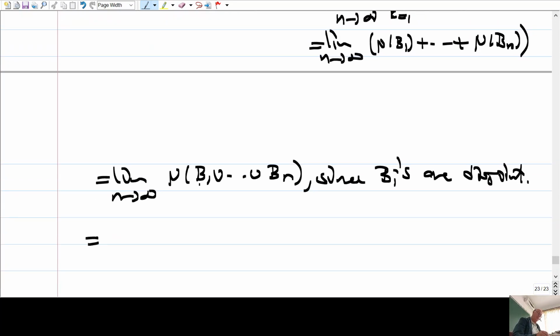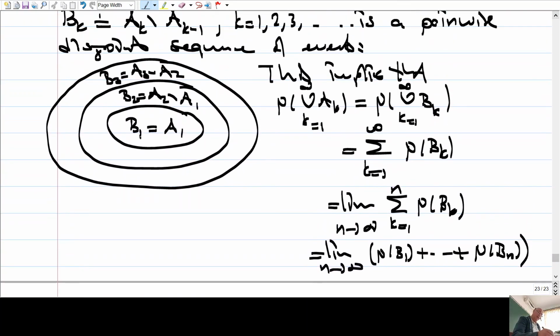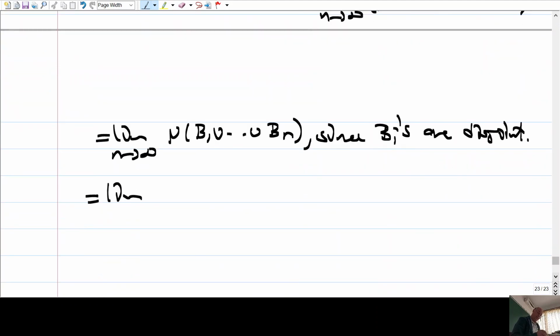And what is the union of B1 to Bn? B1 is this, B2 is this. So the union of B1 and B2 is A2. The union of B1, B2, B3 is A3. So the union of B1 up to Bn will be just An. Okay. So this thing is just mu of An. And we are done.